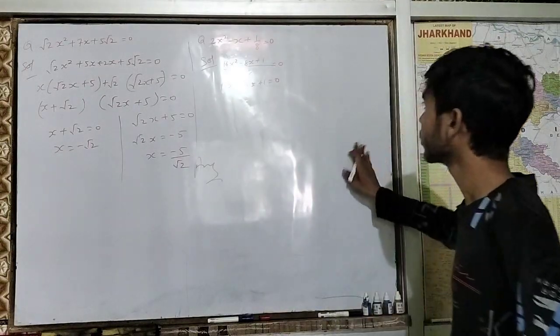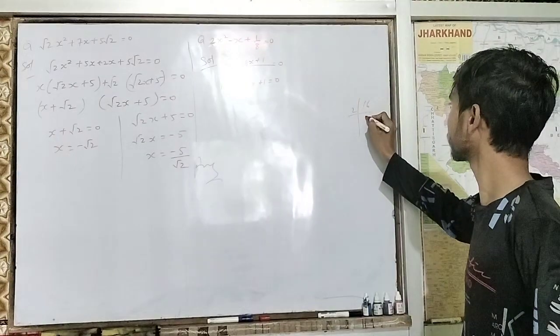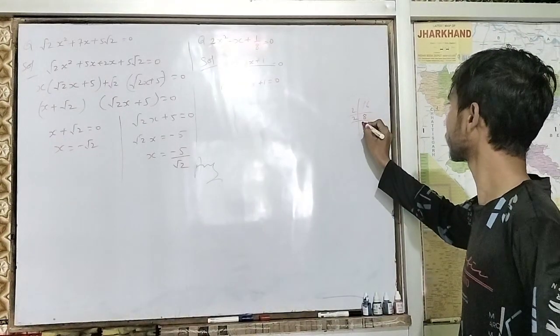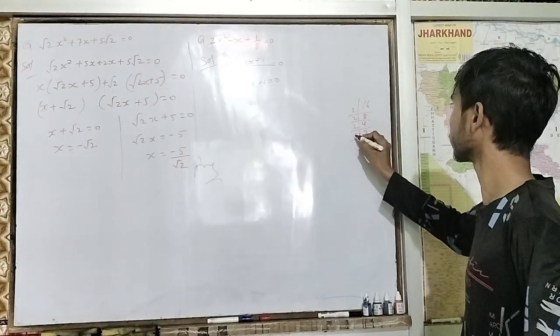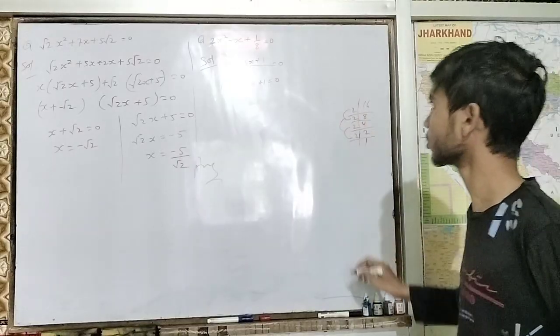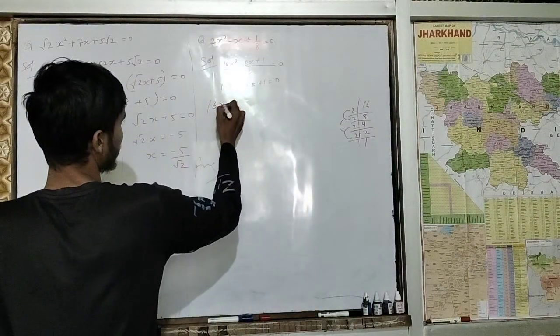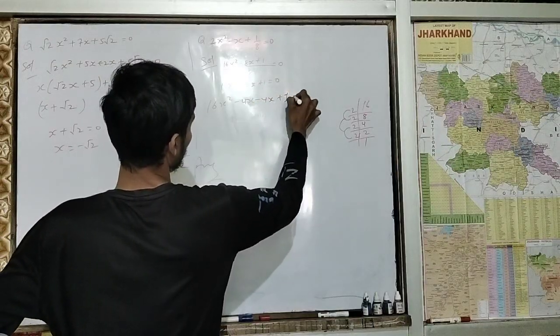Now 16, 2 to the 2, 8... 4 to the 4. So it is telling that 16x square minus 4x plus 1 is equal to 0.